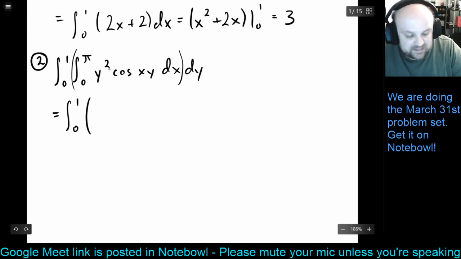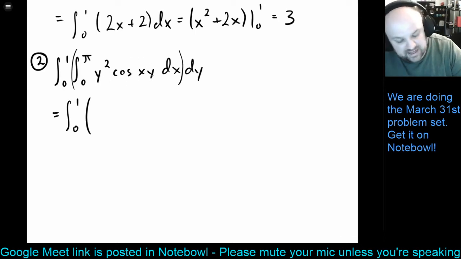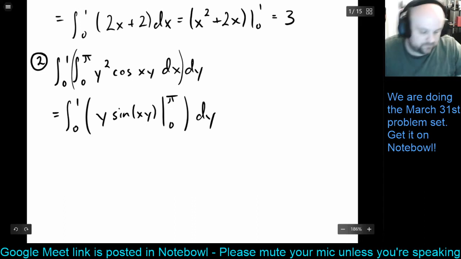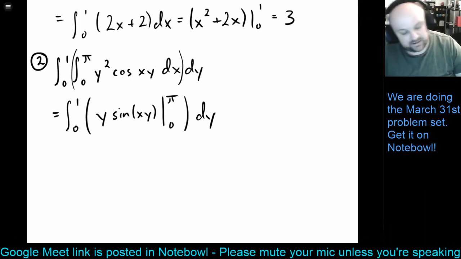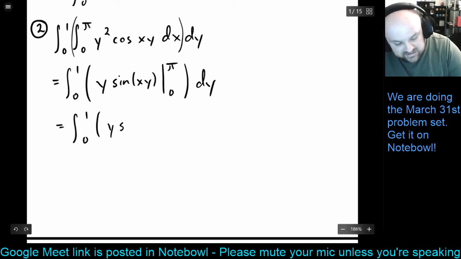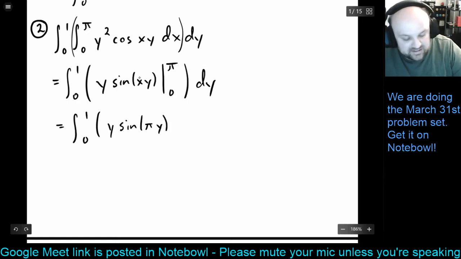Integrate this with respect to x, and all that's going to happen is we get a 1 over y that pops out. So this is going to be y sine of xy from 0 to pi, dy. When we plug in pi, we get y sine of pi y. When we plug in 0, we just get 0, so I won't bother with that.